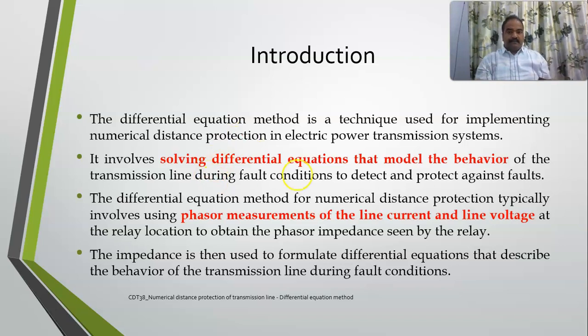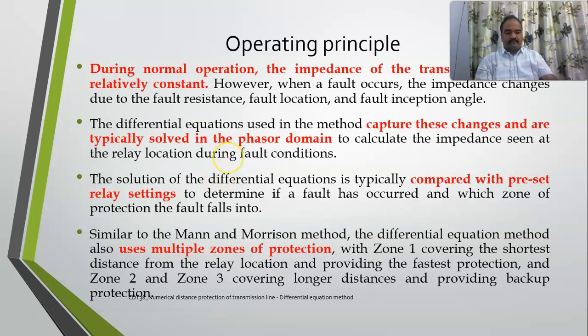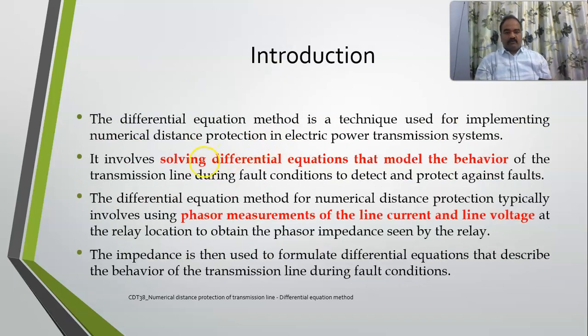In particular, the differential equation method involves solving differential equations that model the behavior, and it employs sample values of line voltage and line current, and based upon that the impedance is calculated, and in turn the impedance is compared with the preset value.